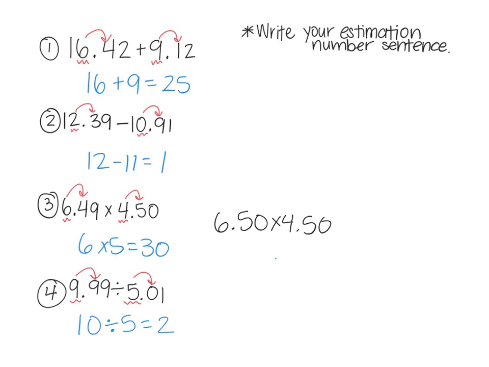I'd probably have to write this down to solve. The whole point of estimation is that it's something that you can quickly do in your head. I can do 6 times 5 a lot easier in my head than 6.5 times 4.5. So that's why we always round to the nearest whole number.